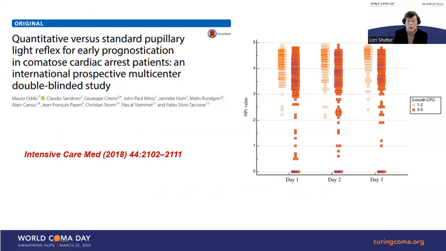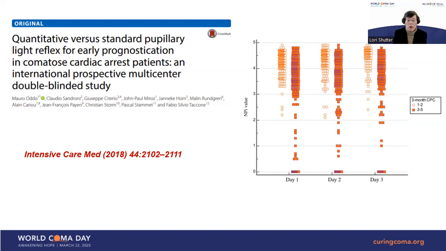And the primary endpoint was would the NPI or the light reflex help correlate and predict 3-month outcomes based on the CPC. And it was dichotomized as a CPC of 1 to 2, which was full recovery or moderate disability, versus a CPC of 3 to 5, being severe disability, unresponsive wakefulness, or death.